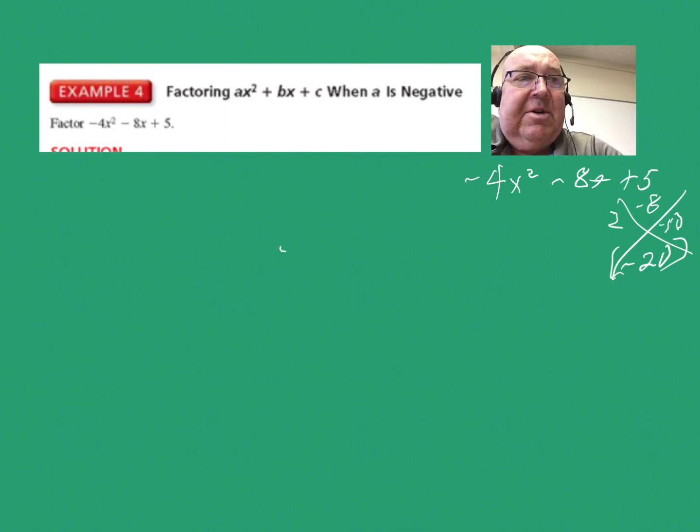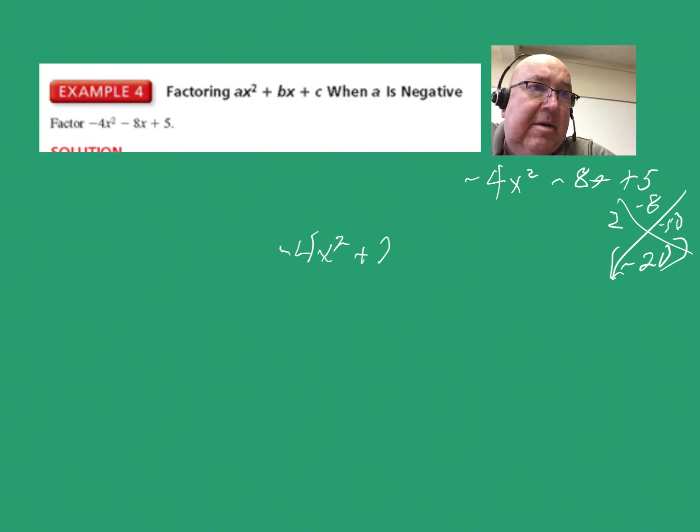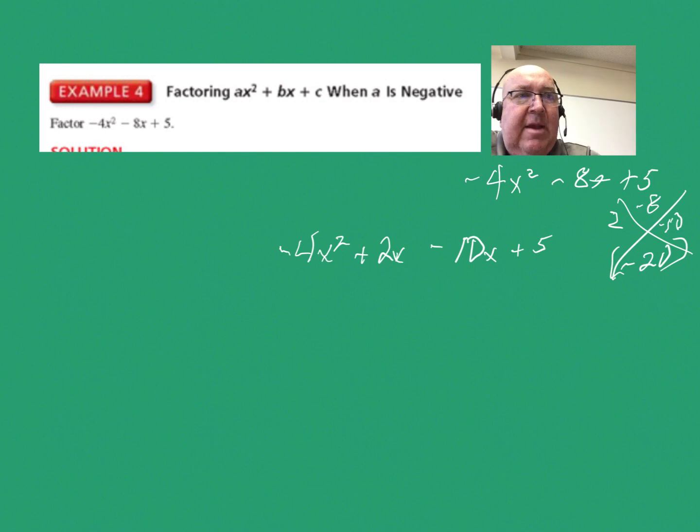So I'm going to write my terms the same way. Negative 4x squared plus 2x minus 10x, because I split those out, plus 5. And this first part, we're going to take out a negative 2x.